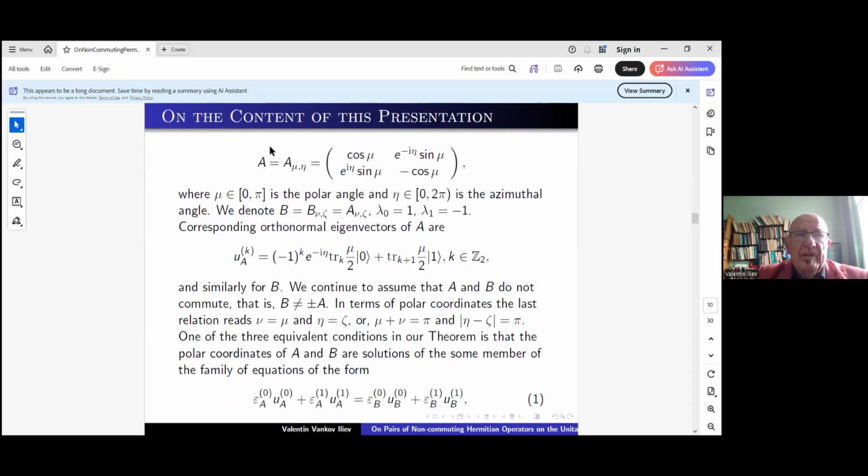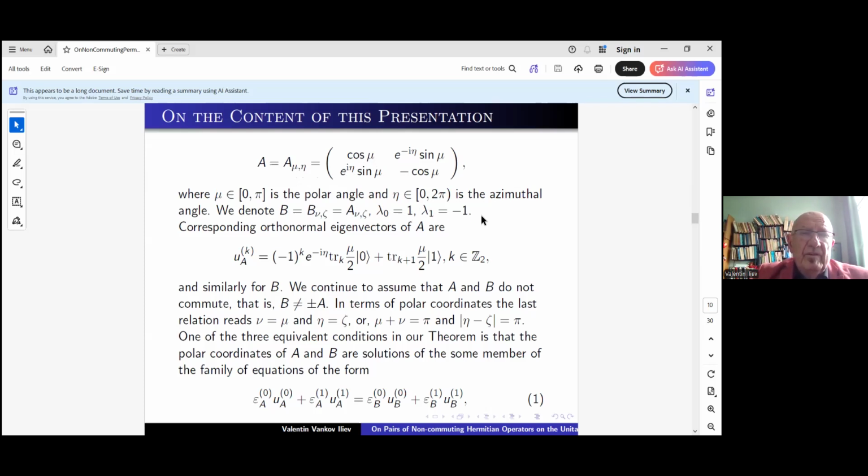Here are those matrices. In general, this is the general representation of those matrices that correspond to Hermitian operators with spectrum 1, minus 1. And we consider another copy of this operator A, which we denote by B, but it is different from A because nu and zeta are different from mu and theta in general.